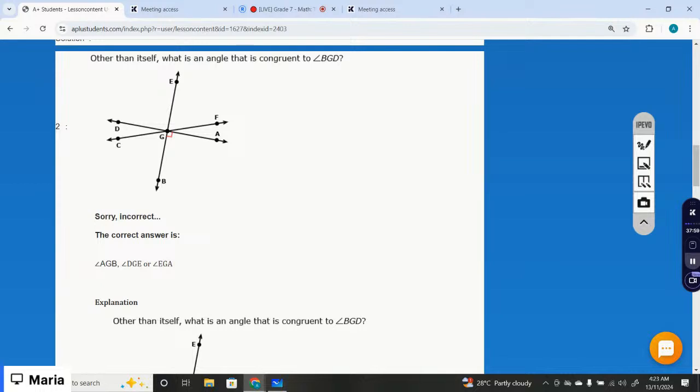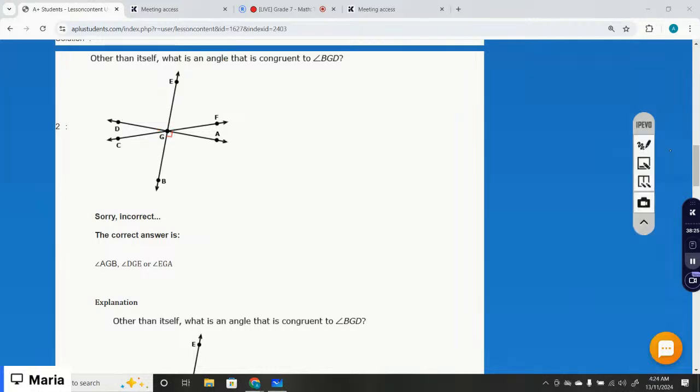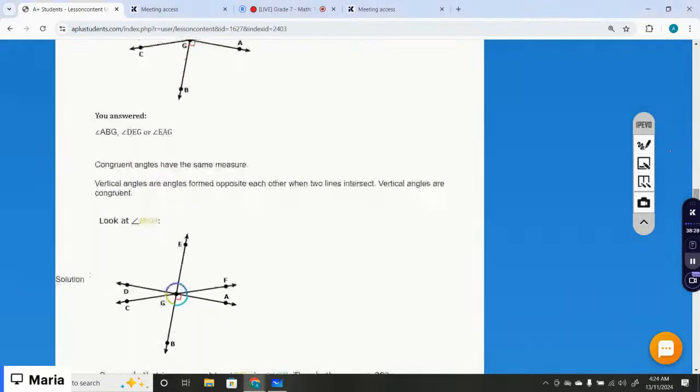Other than itself, what is an angle that is congruent to angle BGD? So this is BGD, right? You have to see the congruent angle to BGD. Congruent angles have the same measures, right?